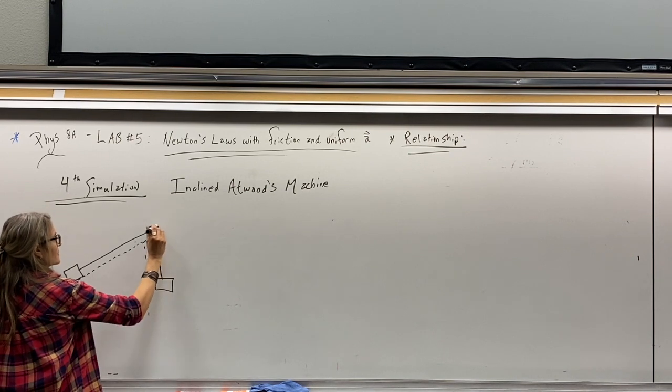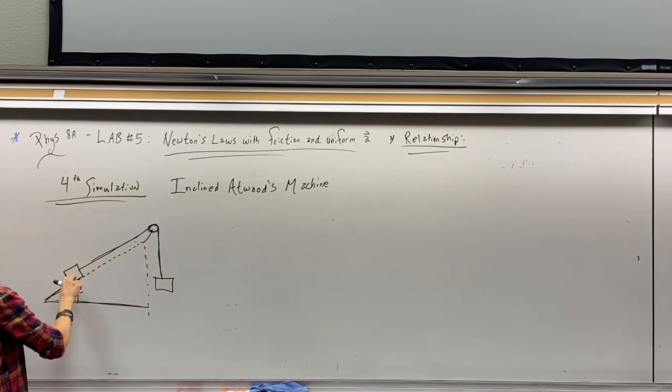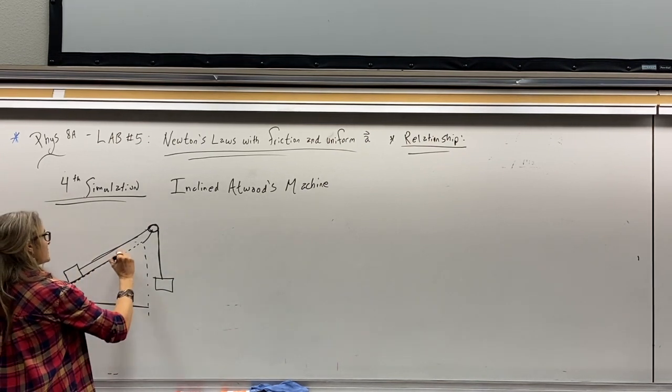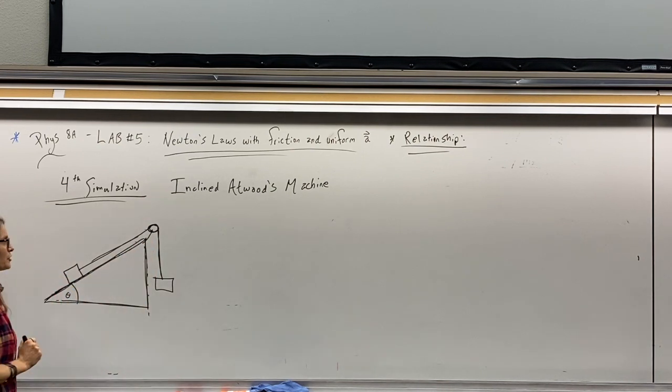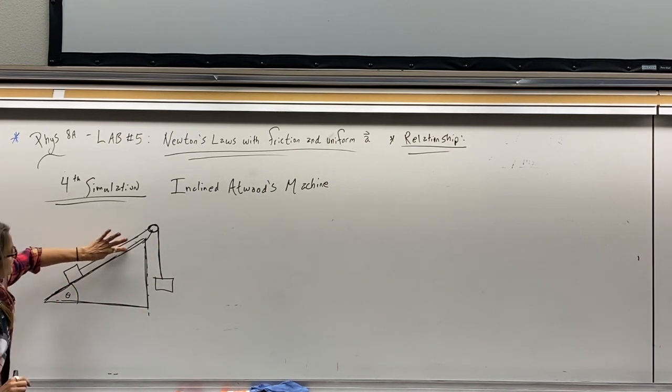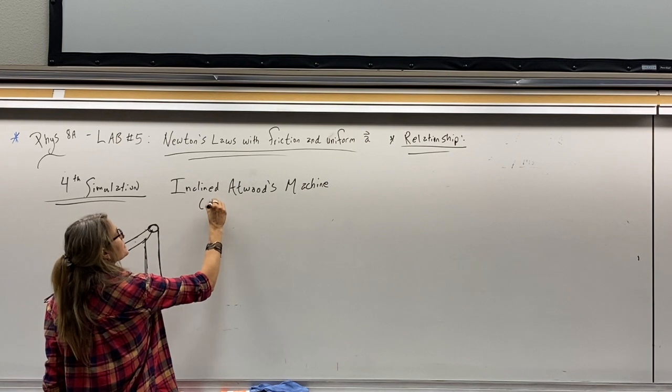Okay. So now we're going to have a mixture of horizontal and vertical components by doing that. So here we have a few more adjustments to make. And let's go ahead and add friction, right? So we're going to add some friction with this.